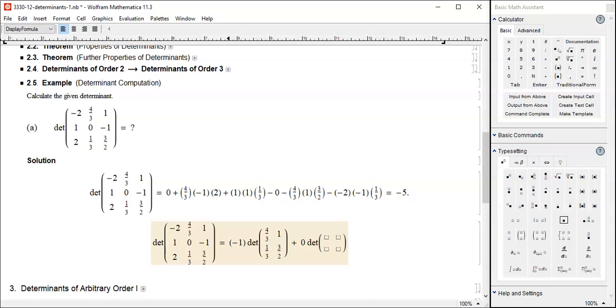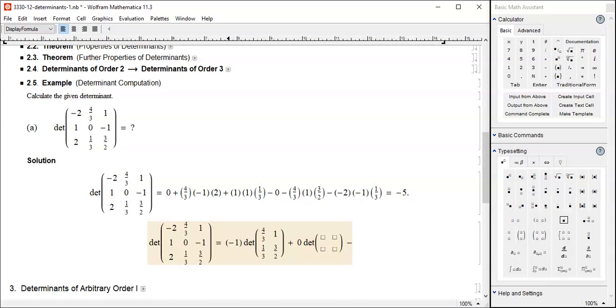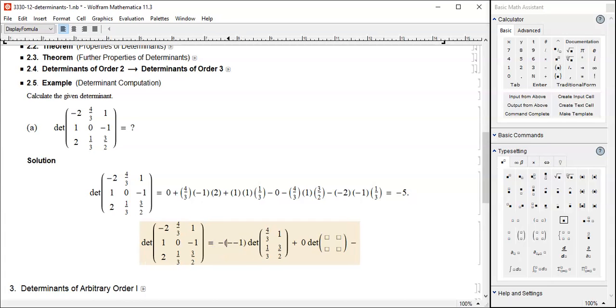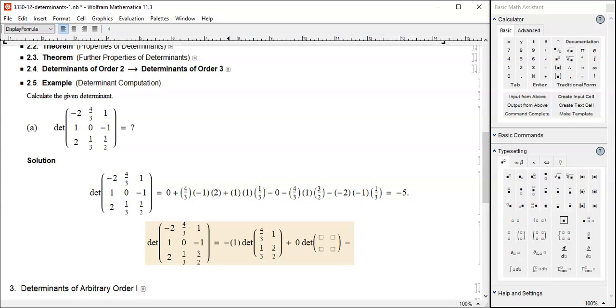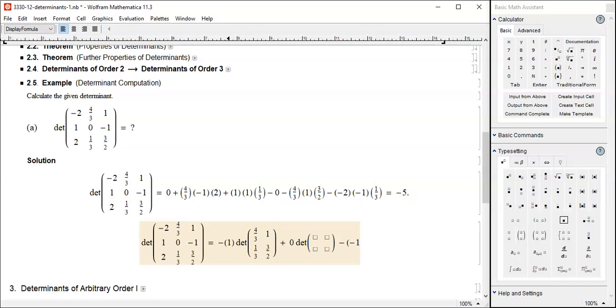And then minus, better to do it this way, minus plus minus, and then this number is -1. This negative and that negative are different.